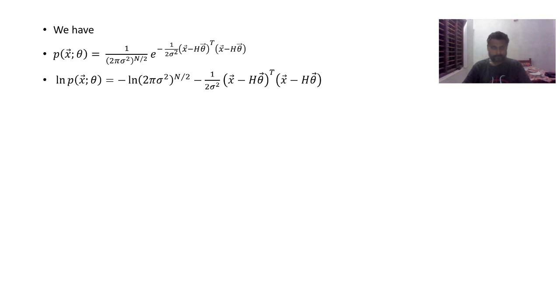Now I will take the first derivative with respect to theta. The first term will be 0. Dou by dou theta of ln of p of x, theta is minus 1 by 2 sigma square dou by dou theta of x minus h theta transpose into x minus h theta.